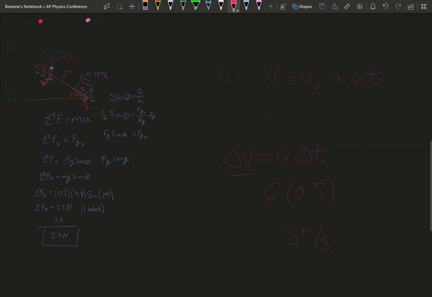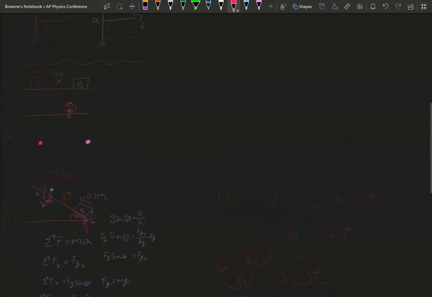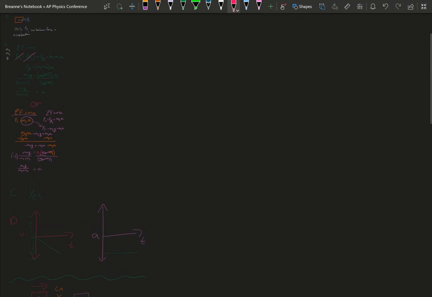They just did your final minus initial equals AT, and then that equals your change in velocity. So I understand where the equation comes from. I understand where the time comes from, because it gave us. But the acceleration at the instant. Oh, wait. Nope, we didn't solve for acceleration.